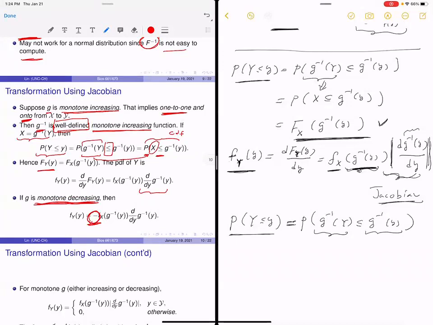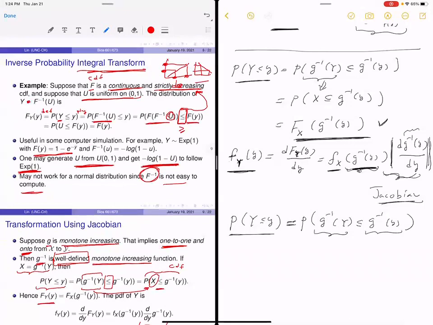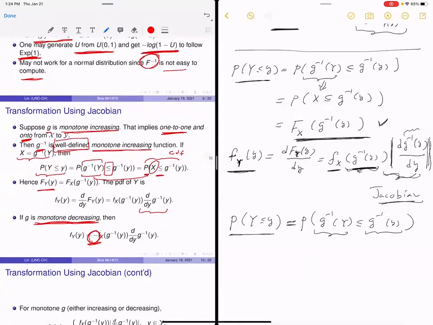Like I said previously, if it's monotone decreasing, larger becomes smaller and smaller becomes larger, so you do need to change the sign of the inequality from smaller to bigger. Then x is bigger than G inverse of y.